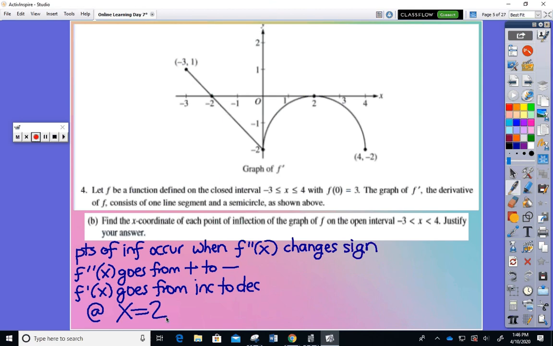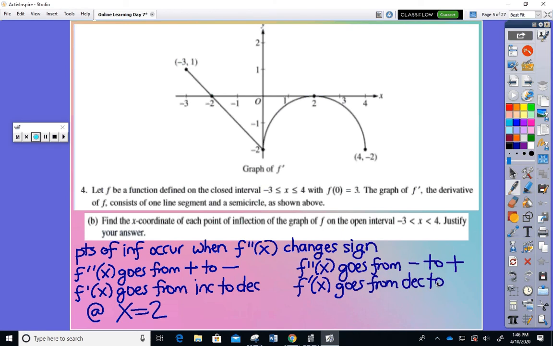Now, remember, f double prime of x might also go from negative to positive. So now I'm going to be specific and say f double prime goes from negative to positive, and probably I would be safer to write out NEG and POS if I was going to do abbreviations. Now, if f double prime goes from negative to positive, then the function that's one level up from it, which is f prime of x, goes from decreasing to increasing.